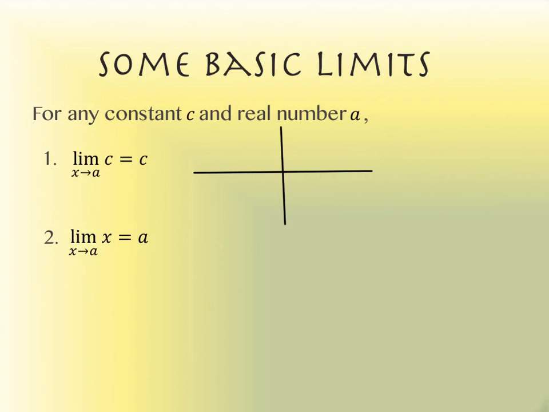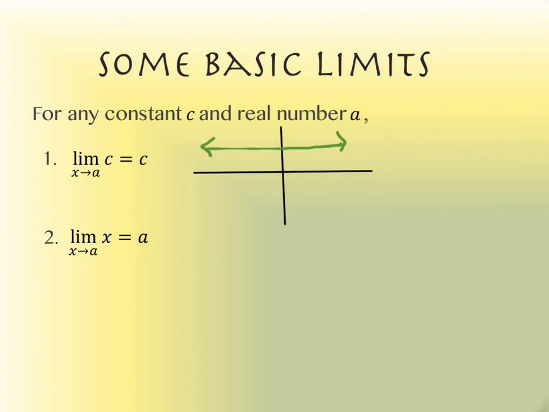I'll draw it in green. This would be a constant y value of, say, 4. I don't care what x value I get close to, I'm always at the same y value of 4. That's what that limit is saying: if you're at a constant y value, that's the limit.